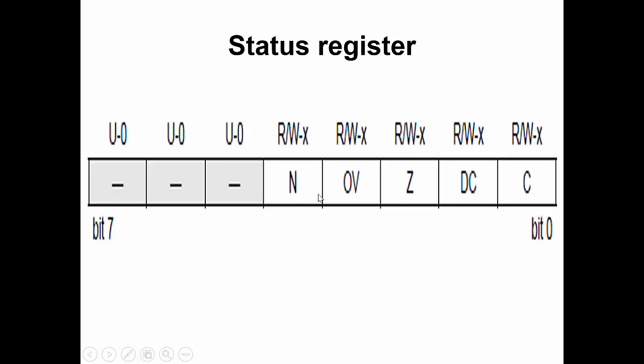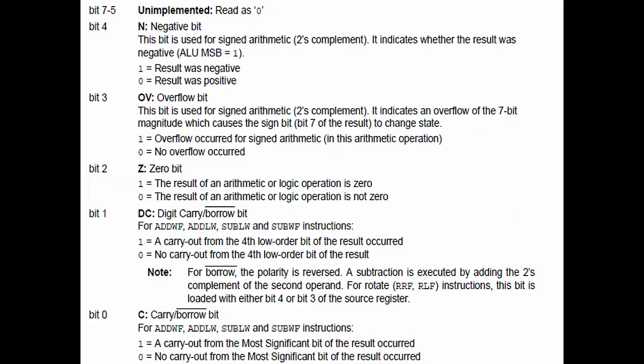Let us discuss one by one in detail. If this particular bit is 0, what is the status, and if this particular bit is 1, what is the status. Depending upon the bit value, whether it is 0 or 1, the status of the ALU will be displayed.